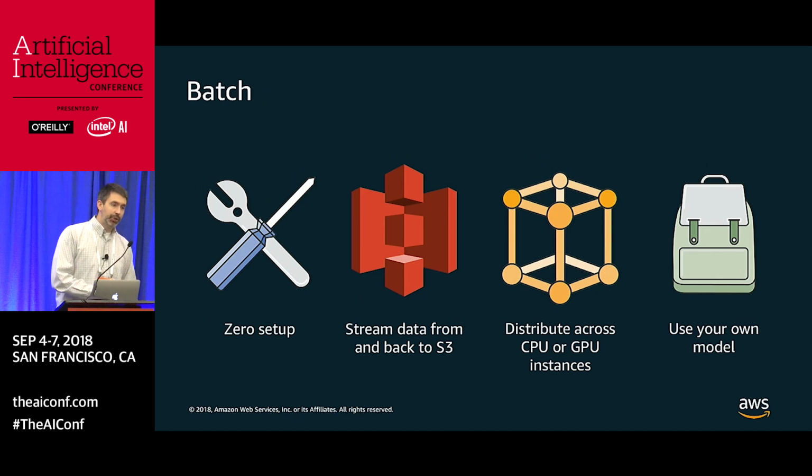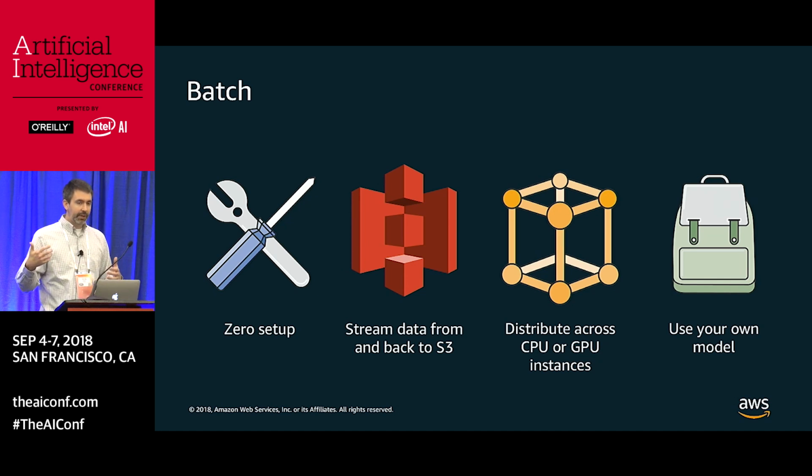We also have batch. So if you have real-time prediction needs, where you want a website constantly being able to do an HTTP post request, pinging that endpoint and getting back a prediction, that was the previous use case. If you say, hey, every day I have to predict for 100,000 products what sales are going to be the next day, but I only have to do it once, and it all happens within a 5-minute period, you can do that with batch transform. So SageMaker has a batch transform functionality that, again, is zero setup and very easy to use.